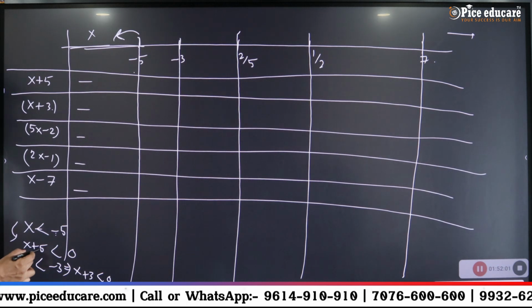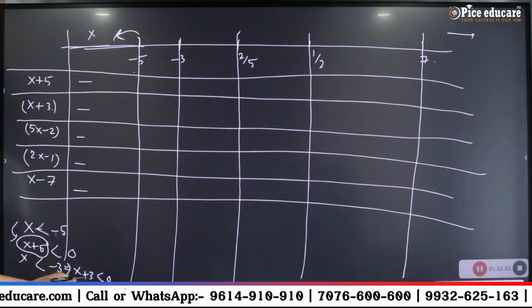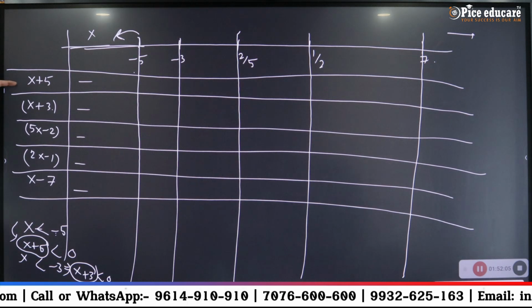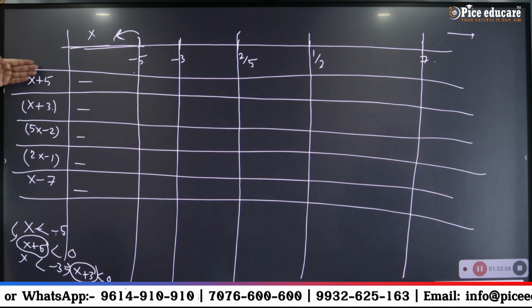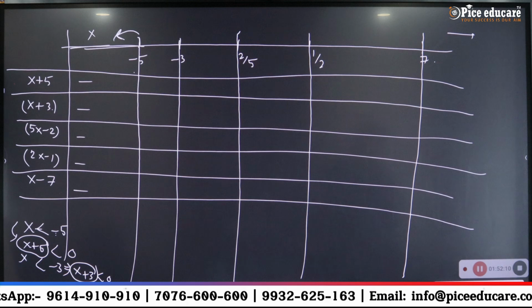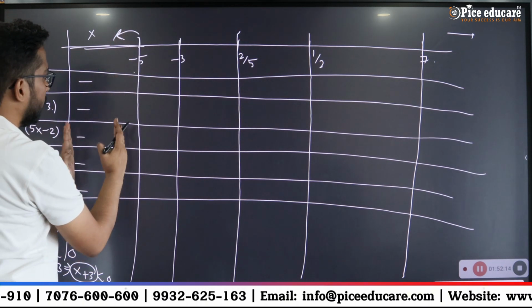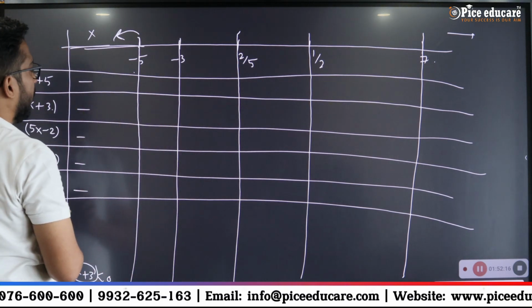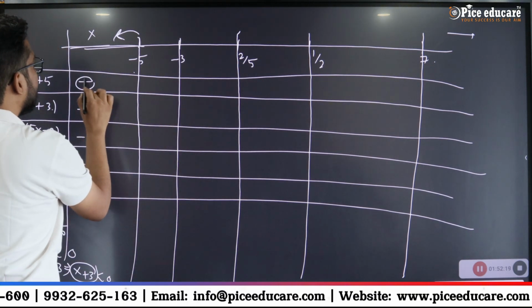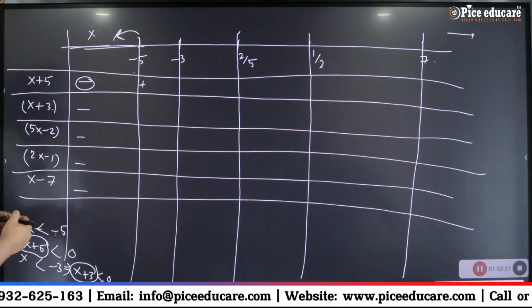So you see, every expression that I have written here will all be negative. Now the moment you jump from this zone to this, you know that this minus will become positive. Why?